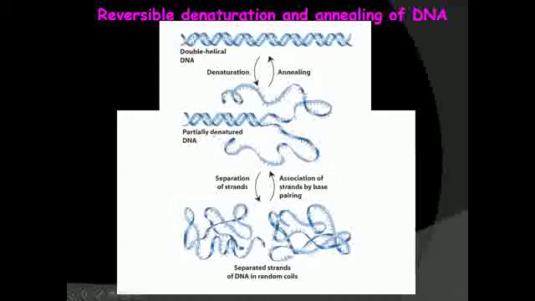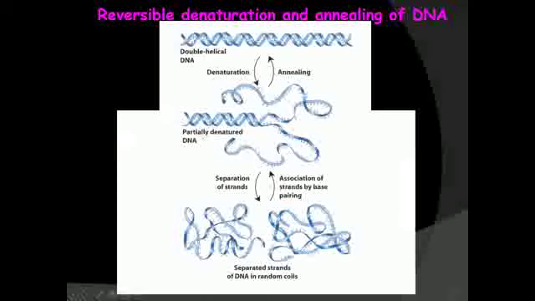But depending on the size of DNA, not all parts of DNA may be melted or denatured. So it may retain the portions where DNA is still in double helical form, and it may have portions where DNA is in single-stranded form because of hydrogen bond breakage between them. Such a DNA molecule is called partially denatured DNA.